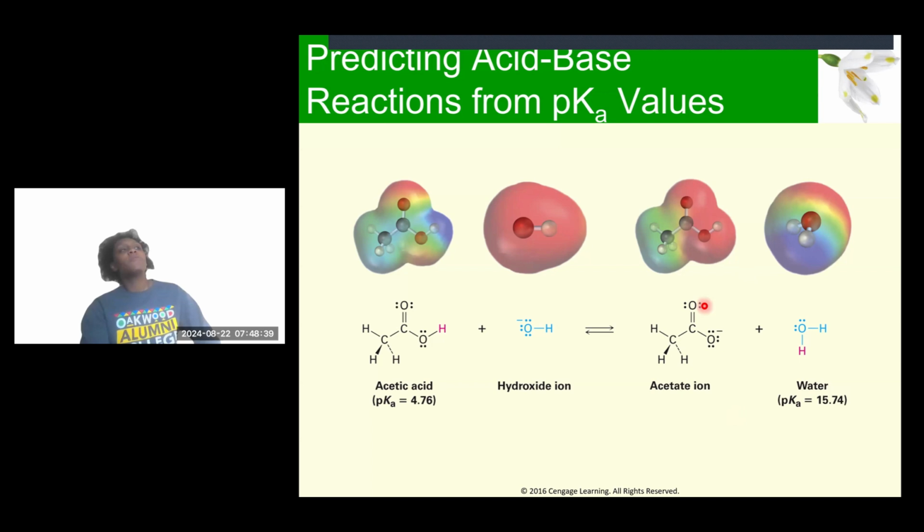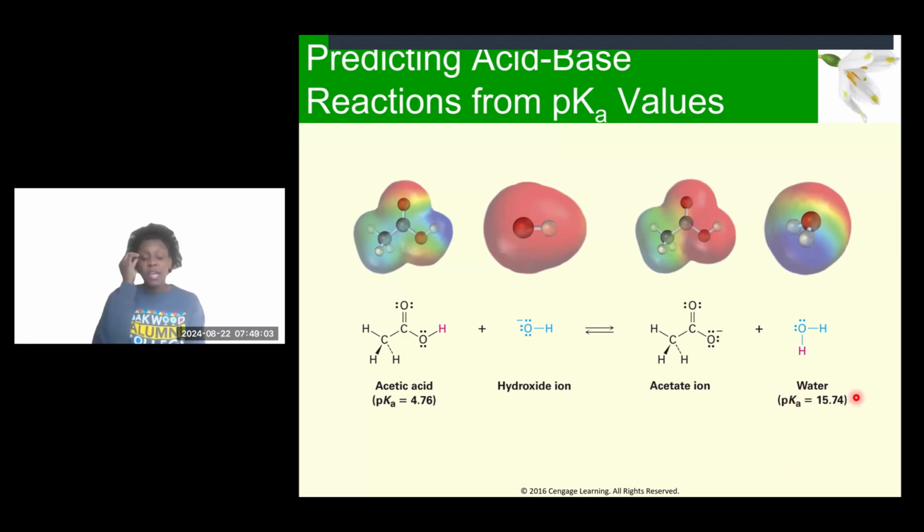And that's because if we're comparing the conjugate base with the original base, the conjugate base is more stable than the original base. And so the way you can remember this is equilibrium is going to be on the side of the weaker acid.